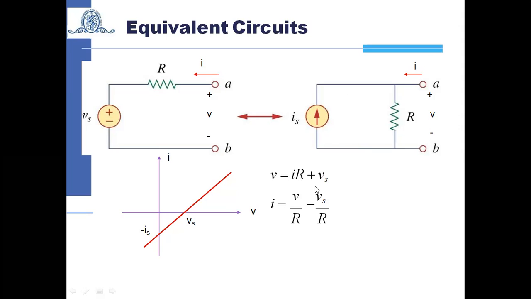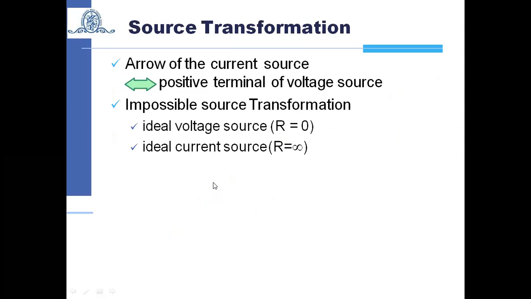So here, if you draw the graph for voltage and current, plotting voltage on the x-axis and I on the y-axis, you will get a plot that looks like this. So we are converting a voltage source into a current source, or a current source into a voltage source. The arrow of the current source points to the positive terminal of the voltage source.